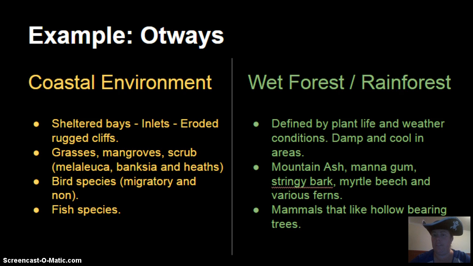Coastal environments indeed. So we drove along the Great Ocean Road and we saw on our travels sheltered bays, inlets, and those tiny cuddled up in corners, and eroded rugged cliffs, great ways to describe the landforms. Then we looked at the flora and the fauna.